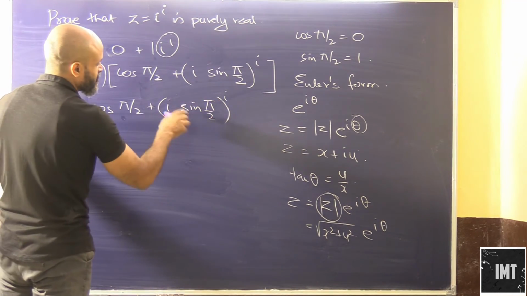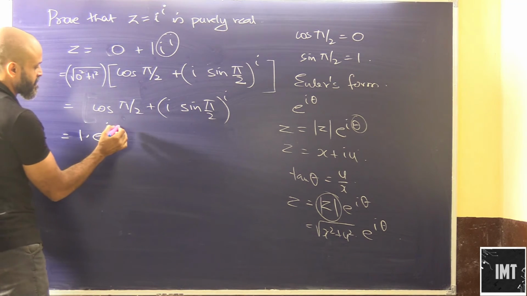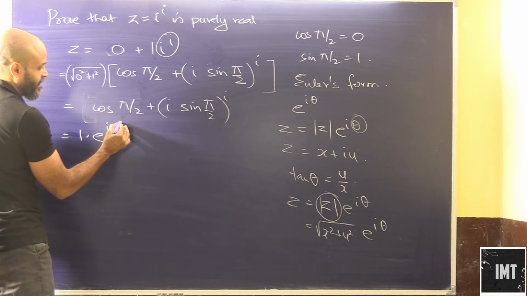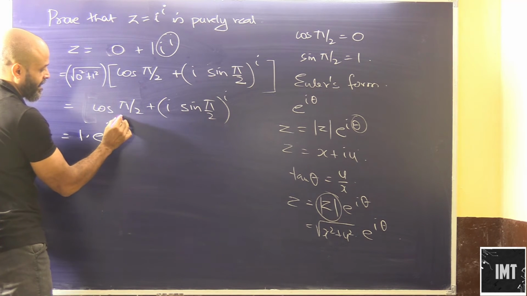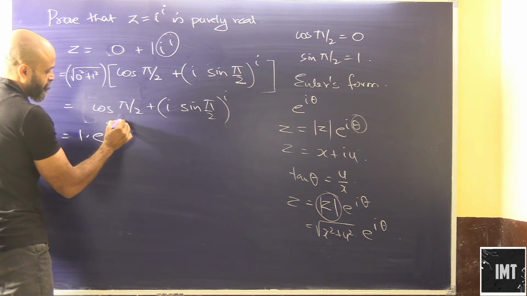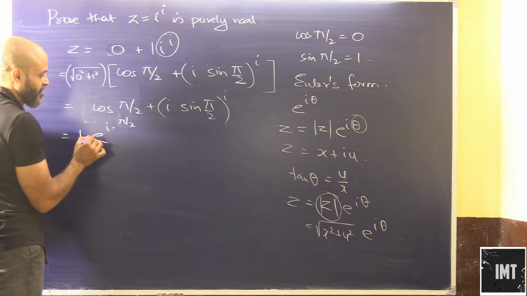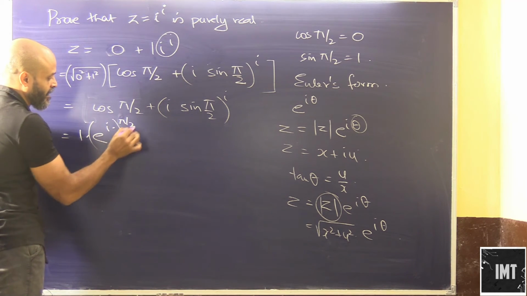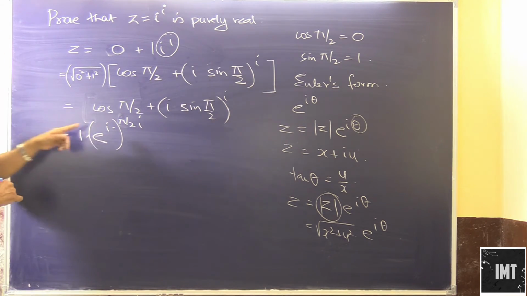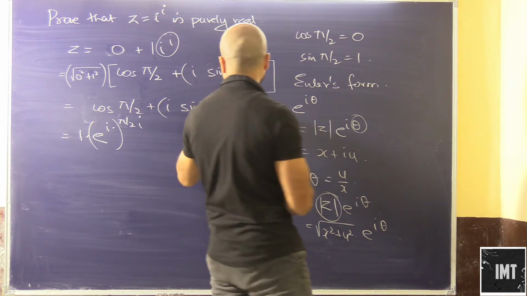Theta will be pi by 2, so e to the i pi by 2, into i, e to the i pi by 2 into i, because here we have the power as i.